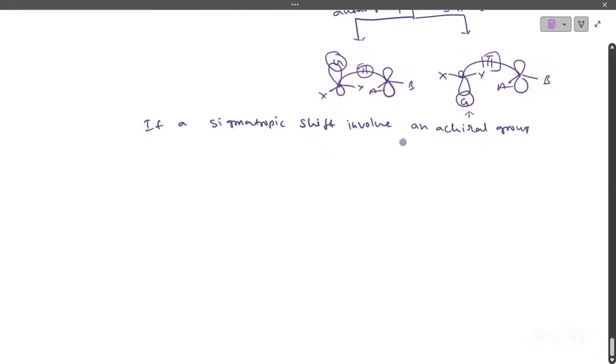That means you can take methyl, ethyl, propyl, all these are achiral groups. Or an atom like hydrogen, deuterium, or halogens like chlorine, bromine are involved.